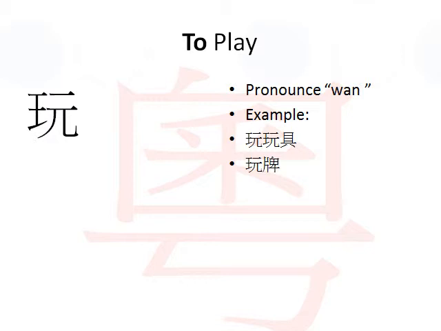So the double kanji example we provided is said wan wungoi, which means play with toys. The next example is playing with cards, which in Cantonese we pronounce as wan pai.